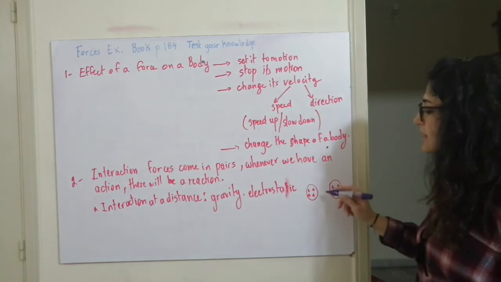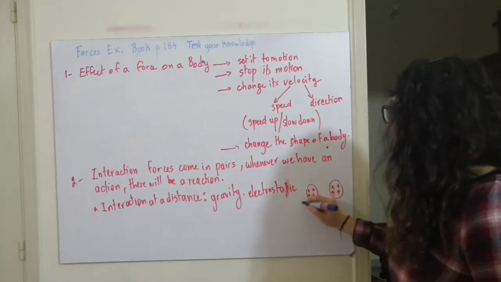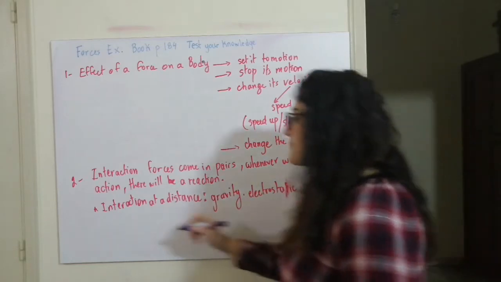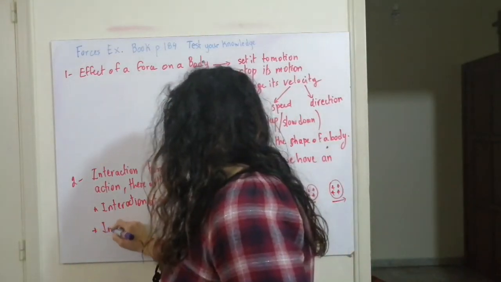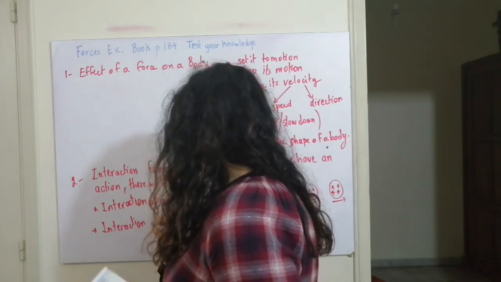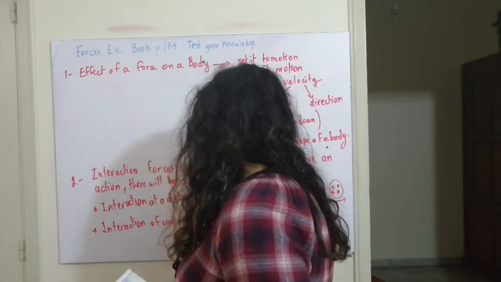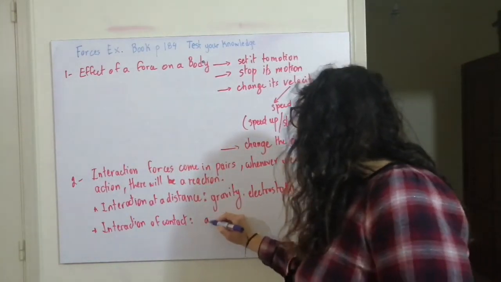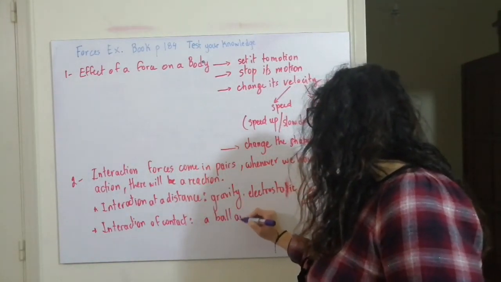Whenever you put them, even without touching each other, they will repel. So this is an interaction at a distance, whereas interaction of contact, you can give any example you want. You can say a ball and a racket.